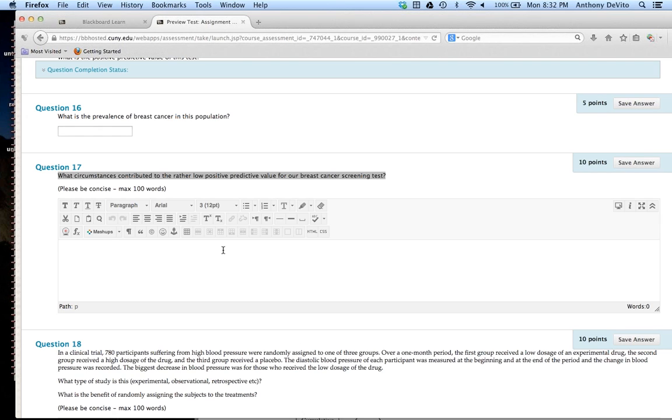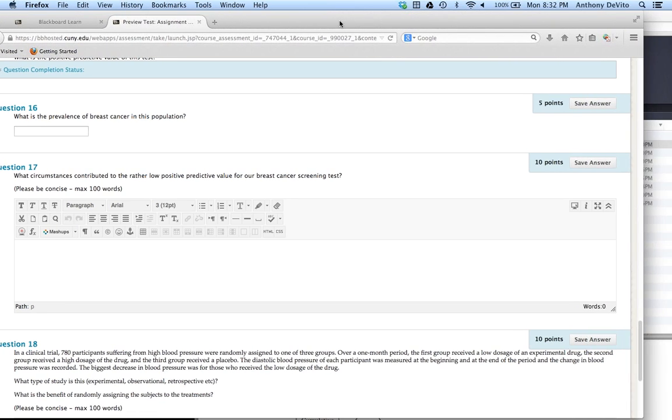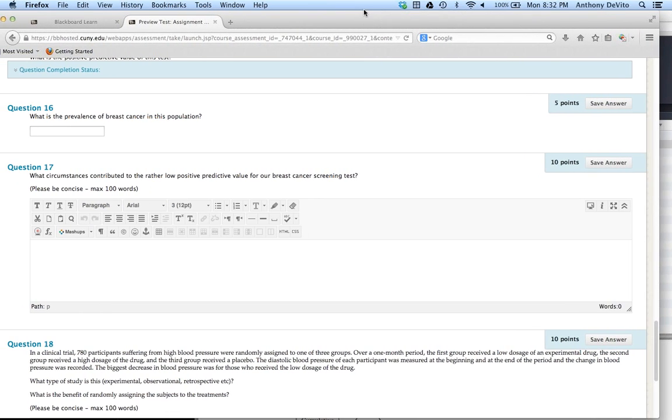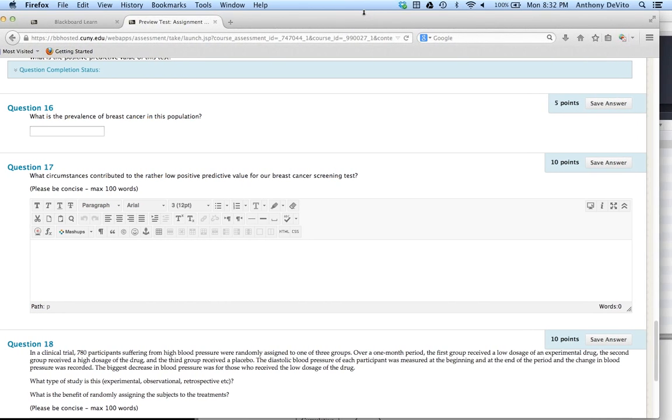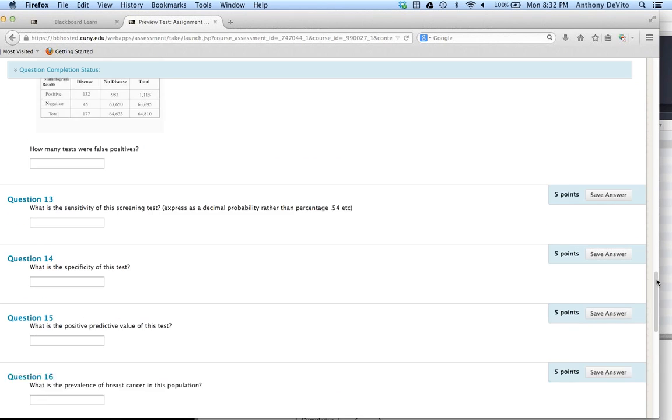How does the low prevalence do that? What is there about having a low prevalence that makes the positive predictive value so bad for diseases that are not common?